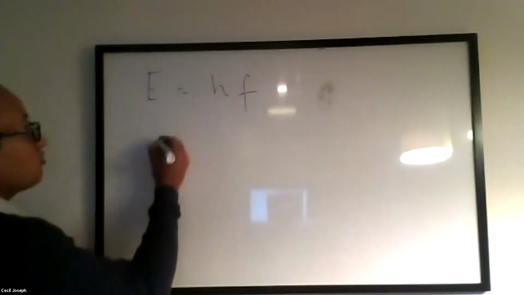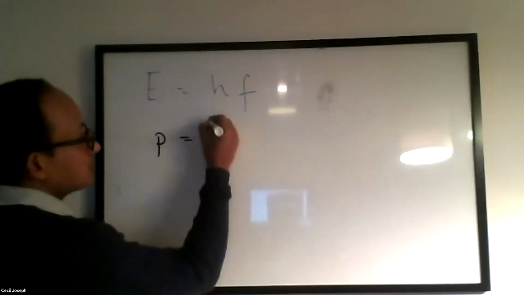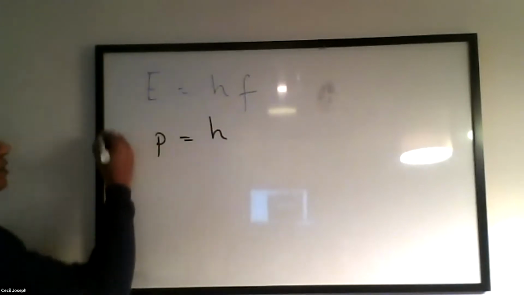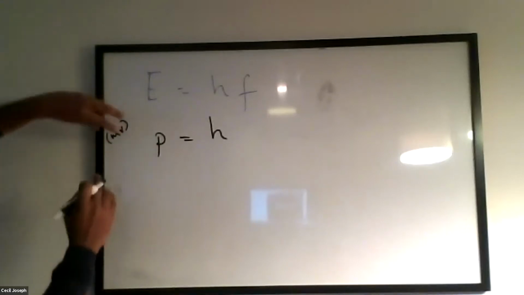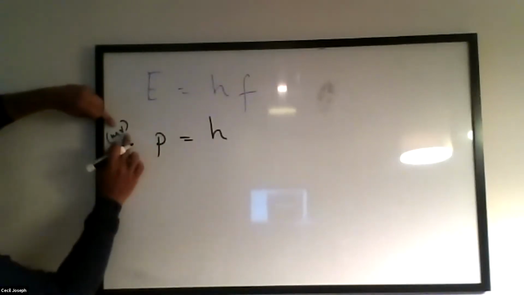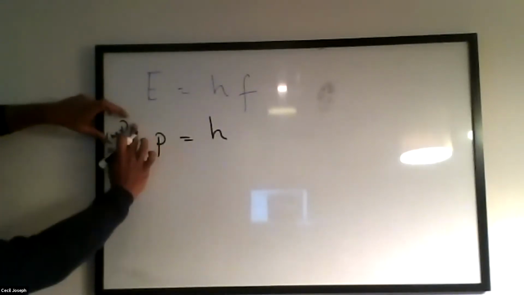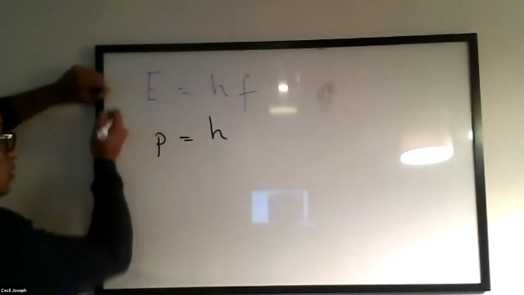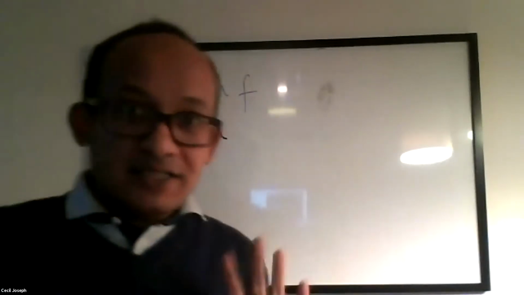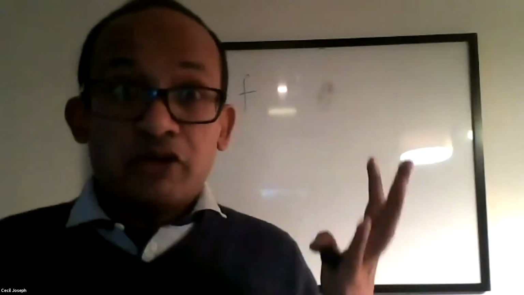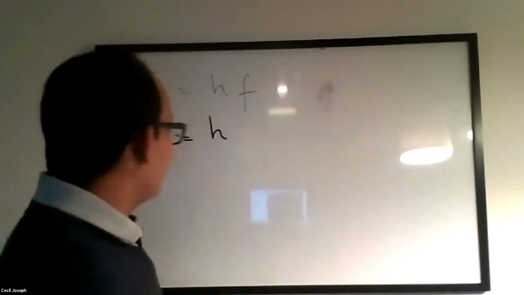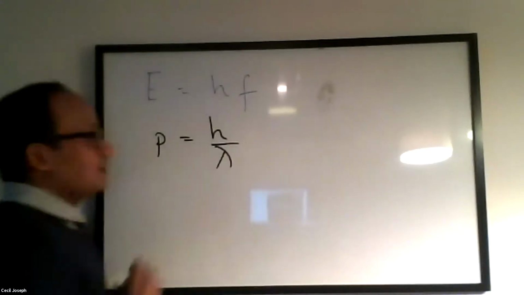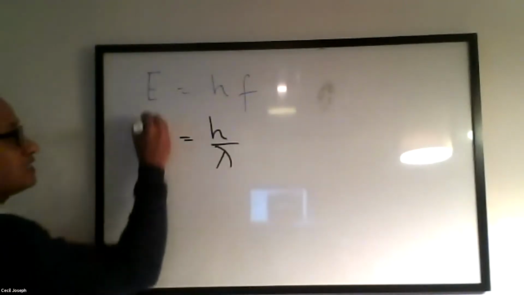The momentum of a photon is given by this expression. Classically from last semester, for a particle of mass m with speed v, the momentum is mv. Obviously, with a photon, I can't say that because m is 0. But v is c. So this is the relation of momentum of a photon.